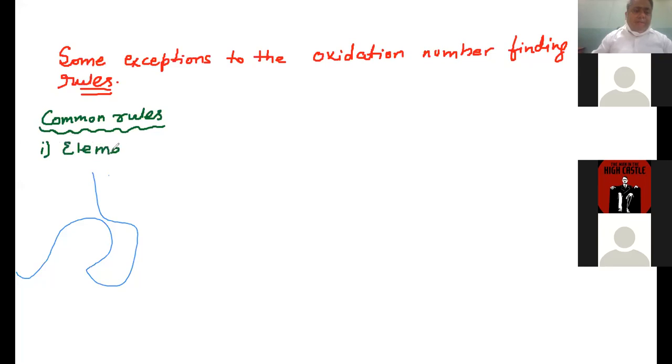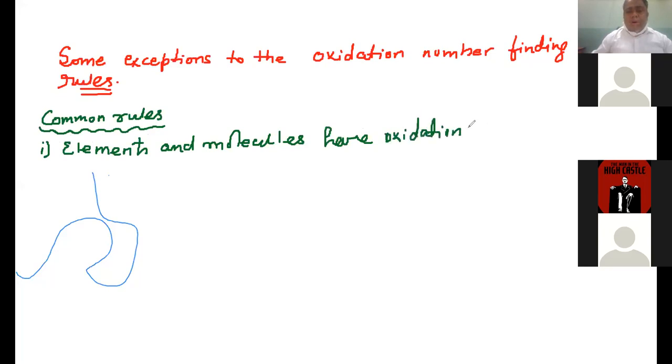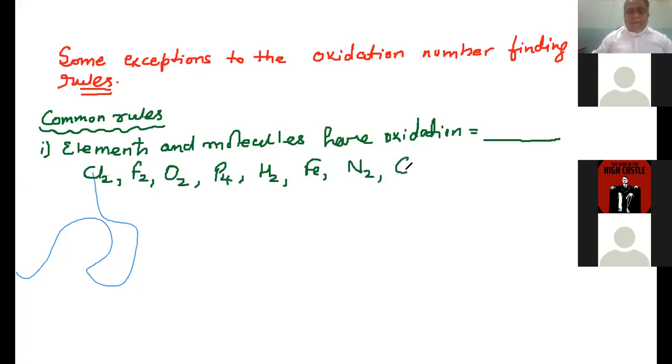Elements and molecules have oxidation number equal to how much? Like say chlorine, fluorine, oxygen, P4, phosphorus, H2, iron, nitrogen, carbon.